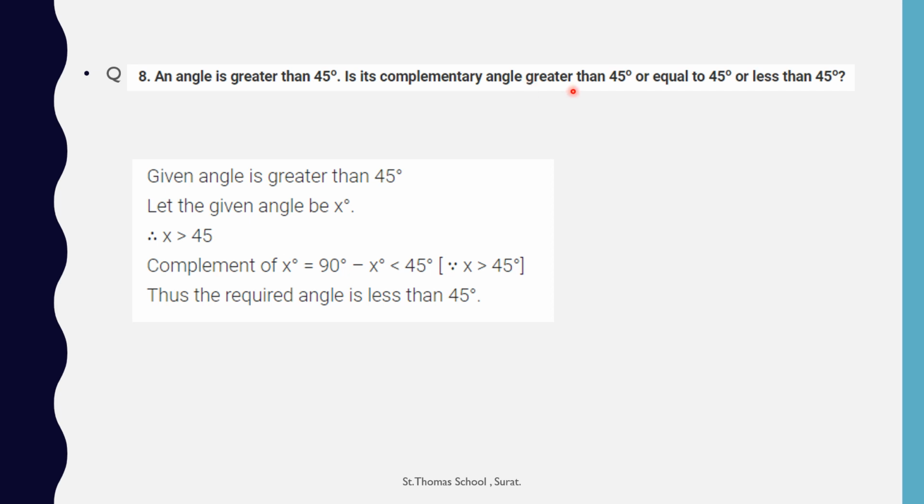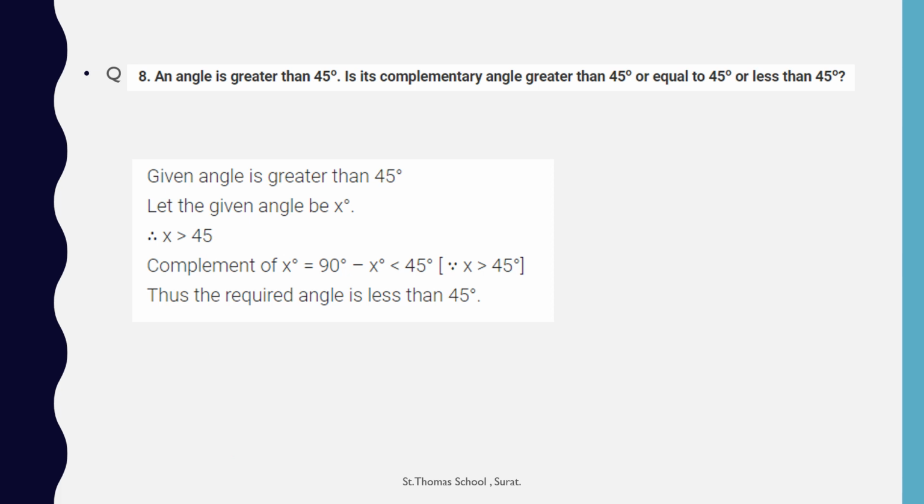Clear? So the given angle is greater than 45 degrees. The angle is not given, only they said the angle is greater than 45 degrees. So let the given angle be x. And they gave this angle is greater than 45 degrees. So we can say that x is greater than 45 degrees.